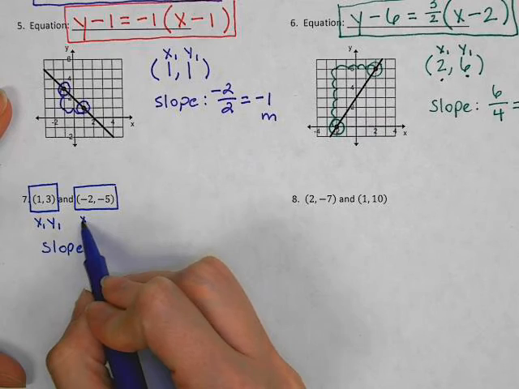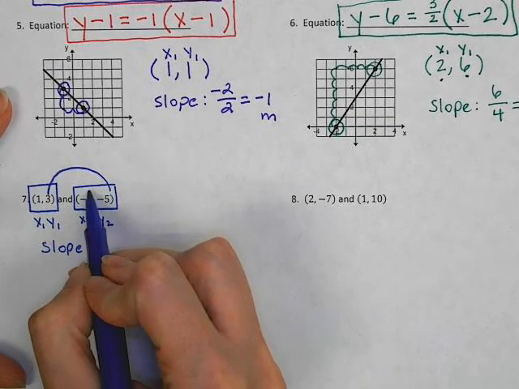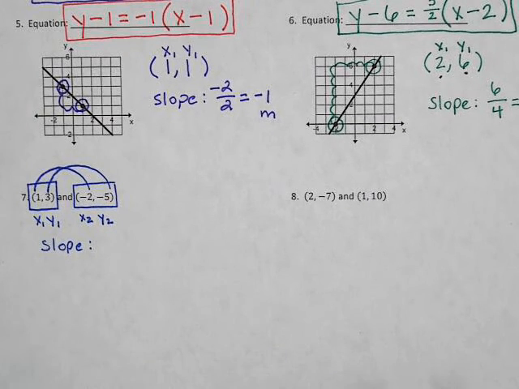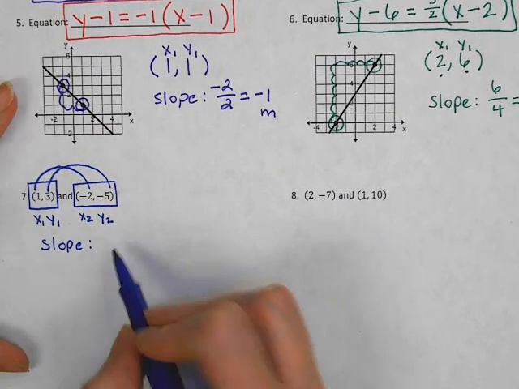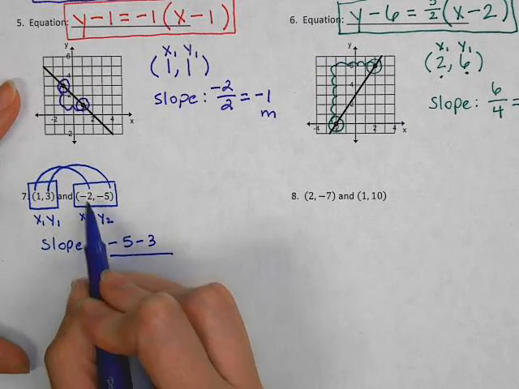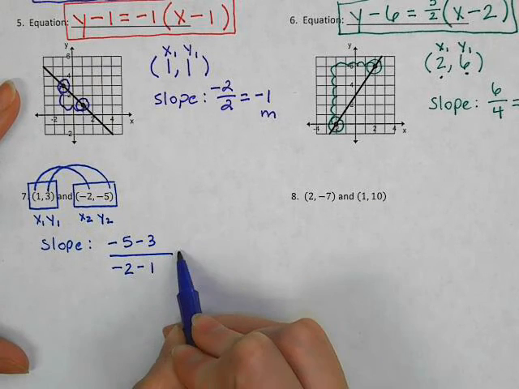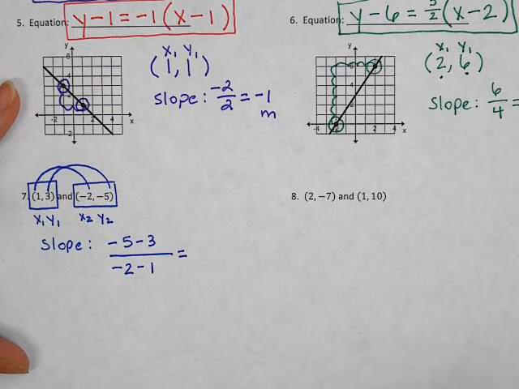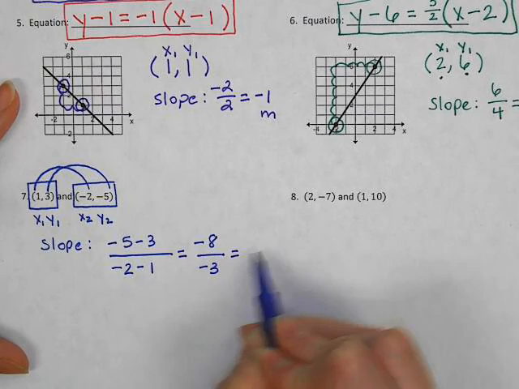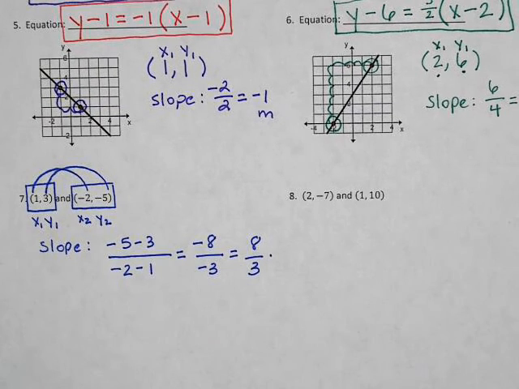And remember the formula, y2 minus y1 over x2 minus x1. So we have to do a little work here. So the slope is -5 minus 3 over -2 minus 1. And that comes out to be -8 over -3, and the minus minus, I'm just going to make positive 8/3.